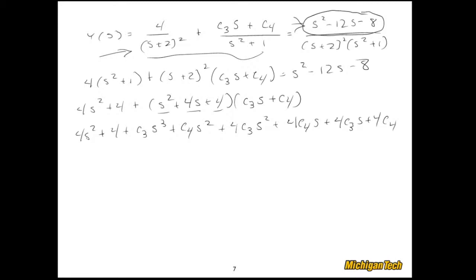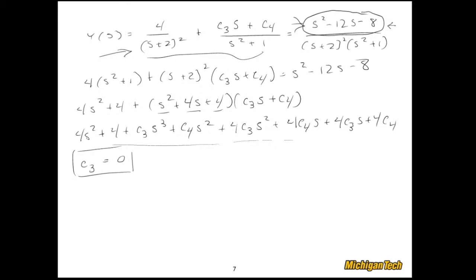The coefficients of like powers of s between the left-hand side and the right-hand side have to be equal. So let's start accumulating equations that will make that happen. I scan this equation, and I see that the highest power of s is s cubed. So c3 on the left-hand side has to equal the s cubed coefficient on the right, which is 0. Wow, that was an easy one. So c3 is 0.